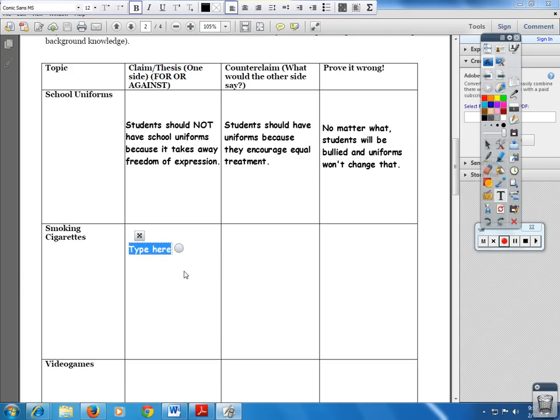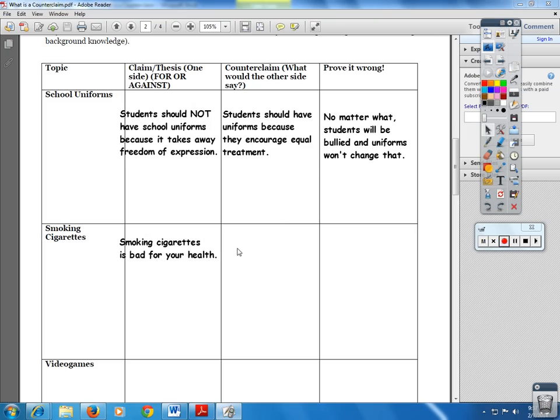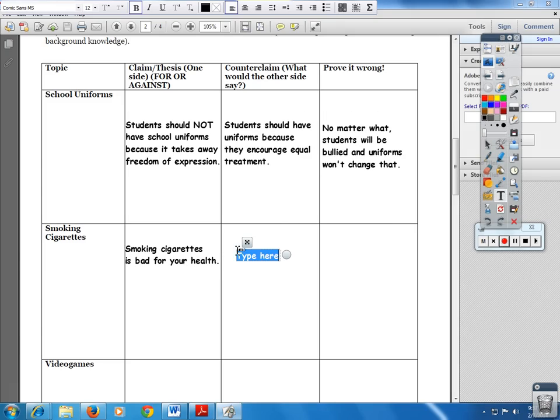Smoking cigarettes is bad for your health. You can't really argue with that, but some people do. I mean, you can think about what someone opposite that would say.